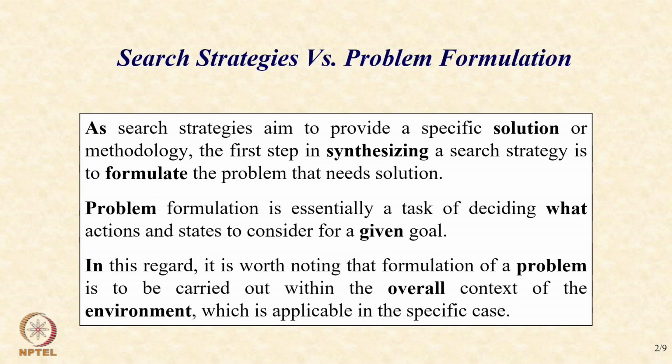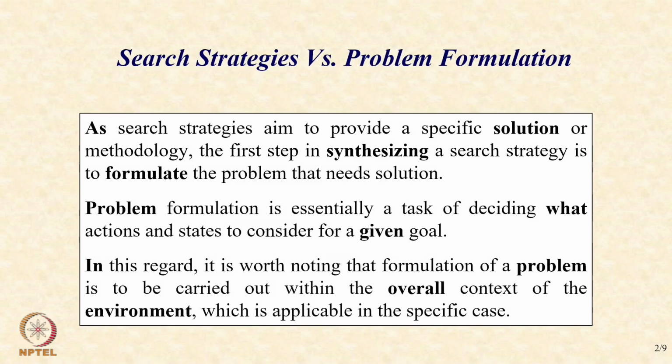For example, when we are talking about solving the problem of driving, the context is your environment: roads, other vehicles, pedestrians, signals and obstacles, blocks, one ways, all those together form the environment.